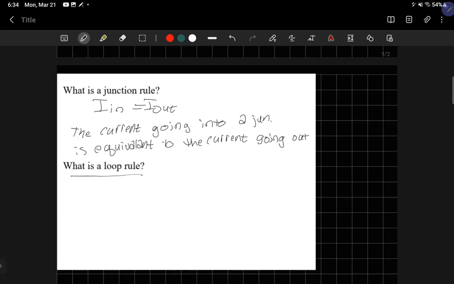So loop rule, that one I don't remember as well as junction rule. So if I'm not mistaken, it should either equal B or 0. 0. So loop rule, say you have a loop.